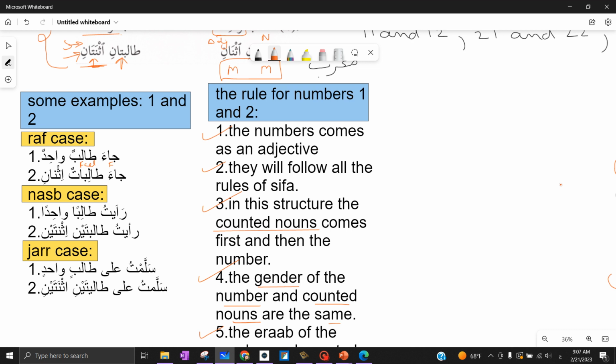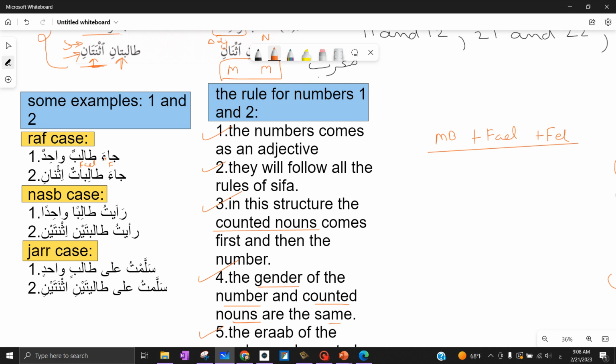I have always told my students that if you do the i'rab, follow the formula of jumla fi'liyya. What is the formula of jumla fi'liyya? Fi'l plus fa'il, meaning doer, and then comes the maf'ul bihi. This is the formula. If you follow this formula, you will never make a mistake in the i'rab.